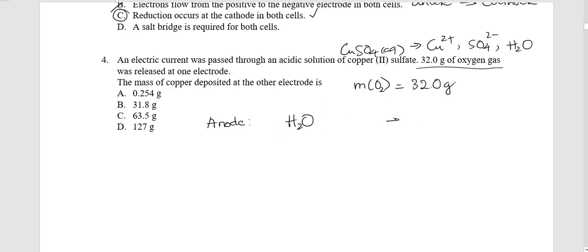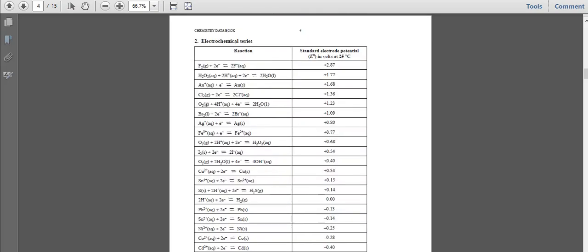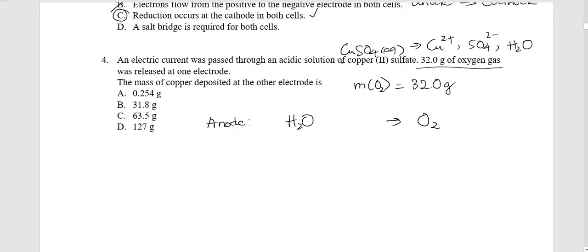H2O going to O2. What else do you need? I think you need H plus. Really, you should check the electrochemical series. Yeah, 2 H2O gives you O2 plus 4 H plus and 4 electrons. Okay, so that's the anode reaction.